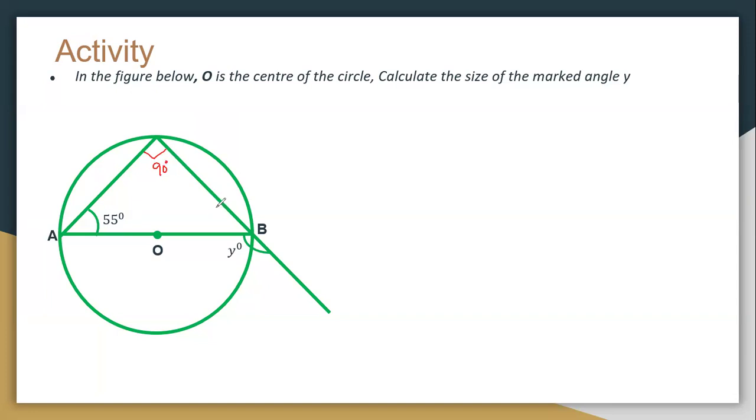Then let's put an unknown down here, R. The interior angle sum of a triangle is 180. Meaning we have R plus 90 plus 55 equal to 180.